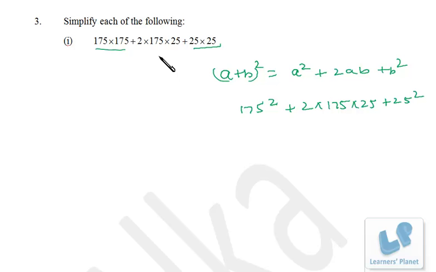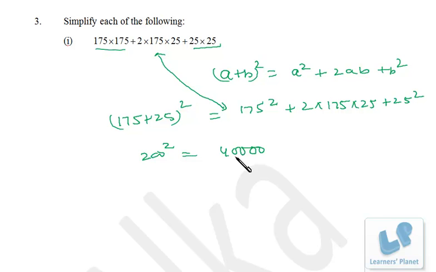And this is the same thing, isn't it? That means this can be written as (a plus b) whole square. That means (175 plus 25) whole square, right? Now what is 175 plus 25? That's 200. Now what's 200 square? That's 40000, right?